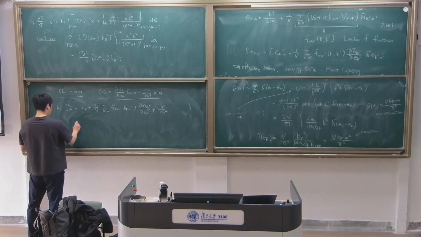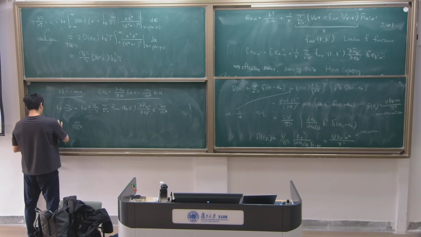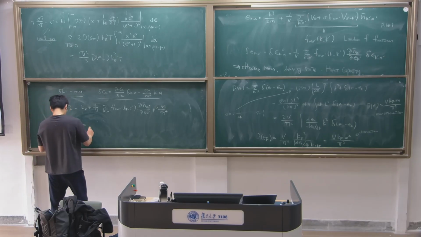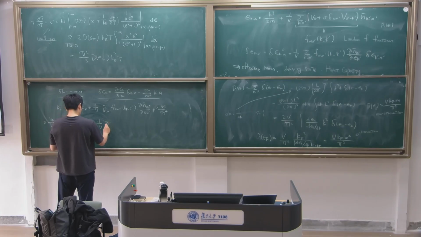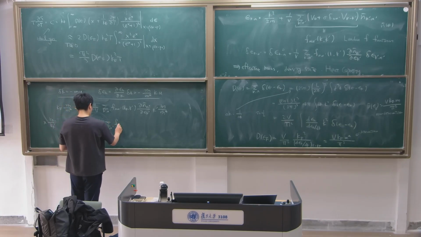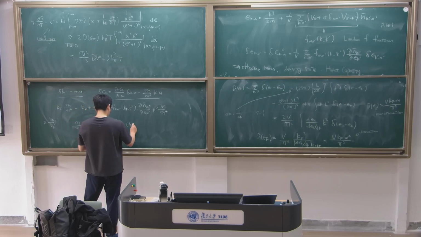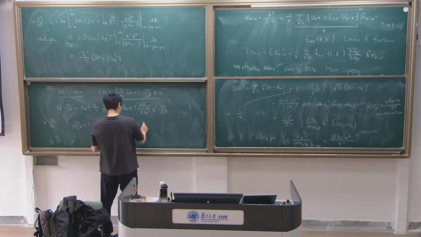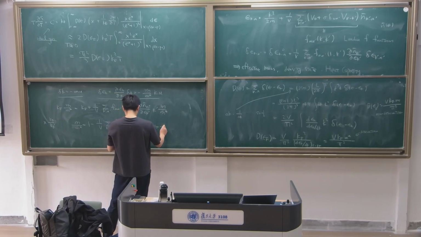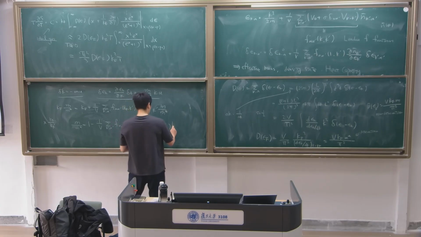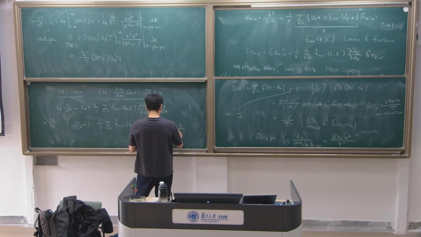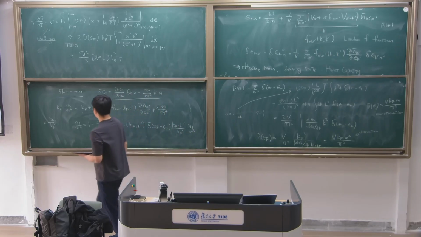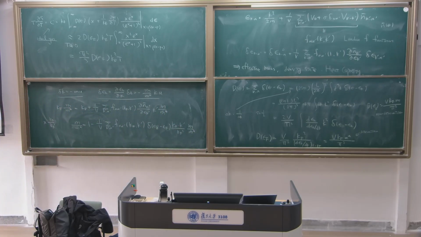Then what you get is the following: 1 over m star, like this. So what is the delta function here? Can anybody answer?